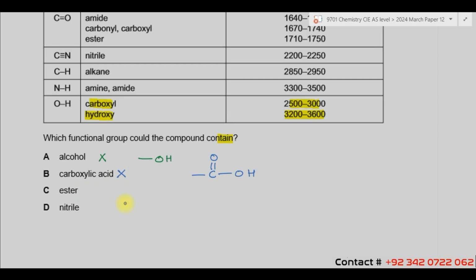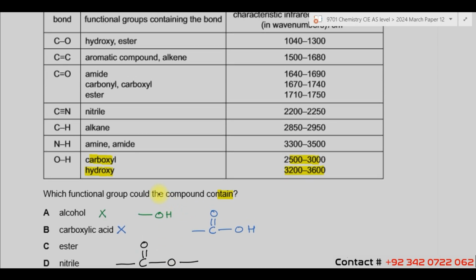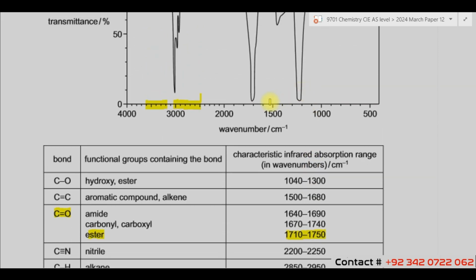Then we have ester. Ester contains C double bond O. This is the functional group. So we have carbonyl and we have C single bond O. The carbonyl because of ester should be between 1710 to 1750.